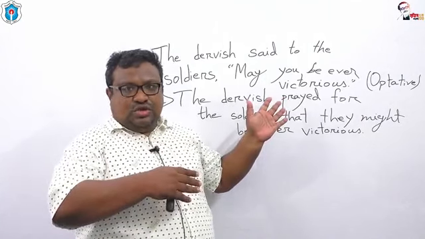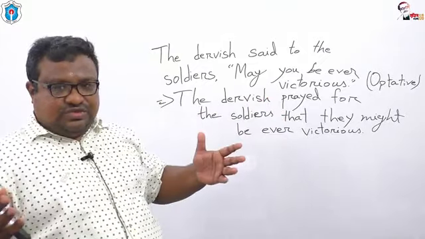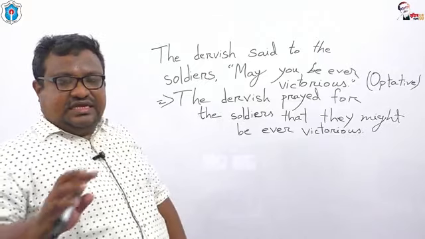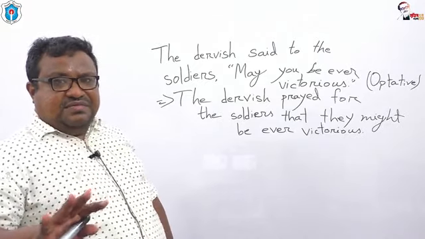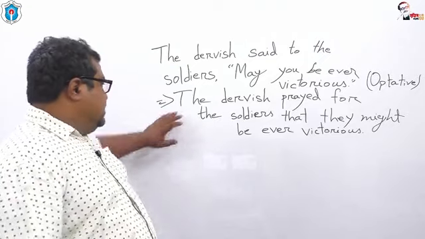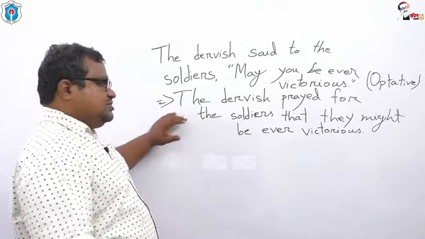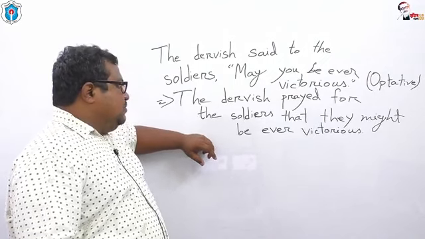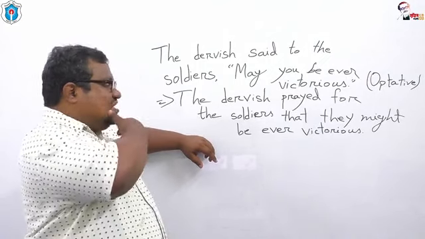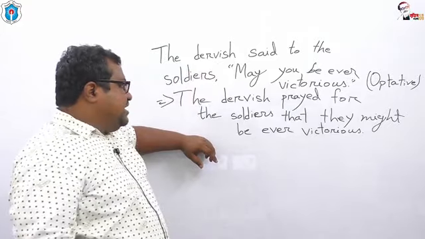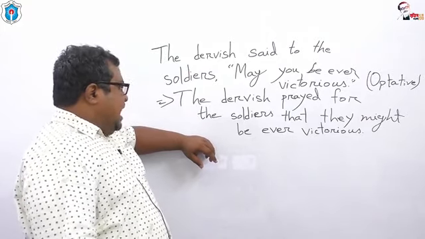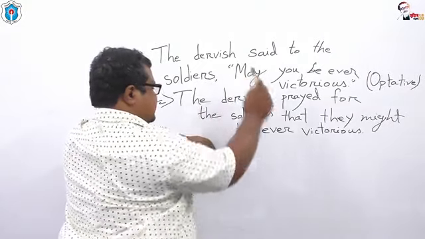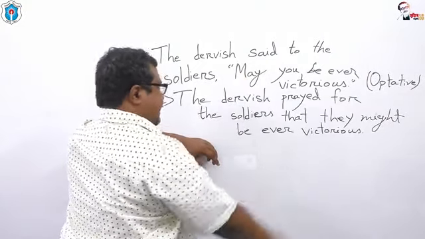I am showing another example which is without any kind of be and with a main verb, of course. The dervish prayed for the soldiers that they might be ever victorious. Now, here we can see that the dervish, instead of said to, we are using prayed for, and then the soldiers, we are removing this inverted comma and using that.